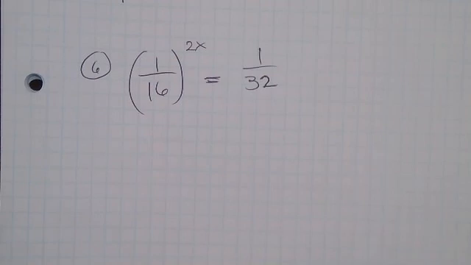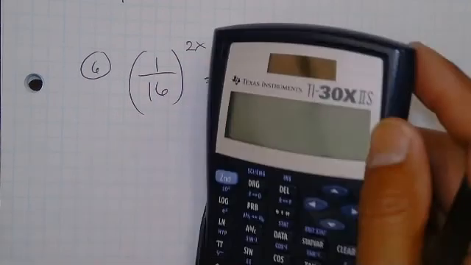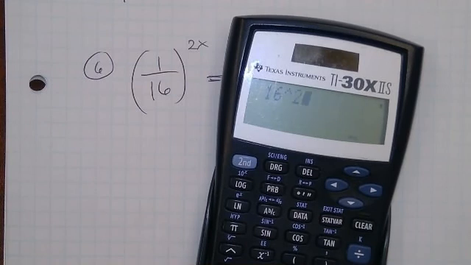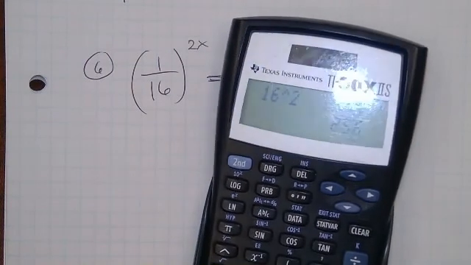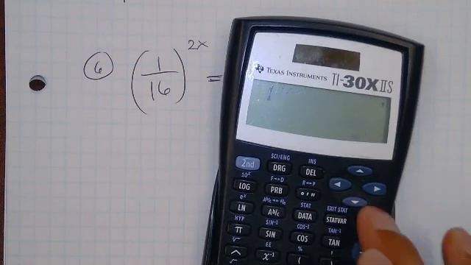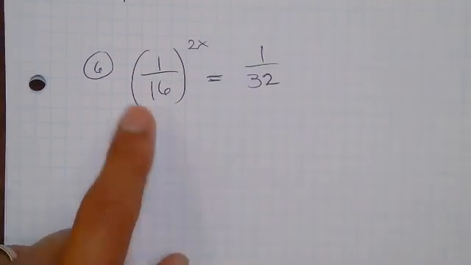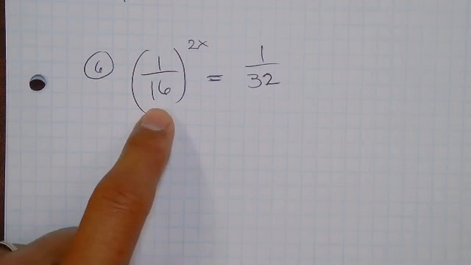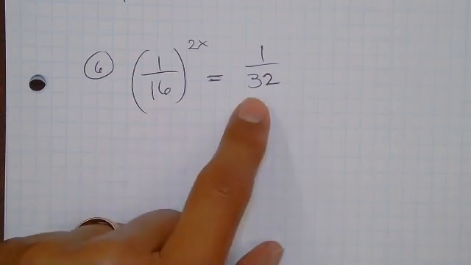What's the common base? 16. 16 to the power of 1 is 16. 16 to the power of 2 is 32. Oh, yeah? Let me see. 16 to the power of 2. Oh, no, it's not. No, it's not. 16 times 2. No. So it's not 16.